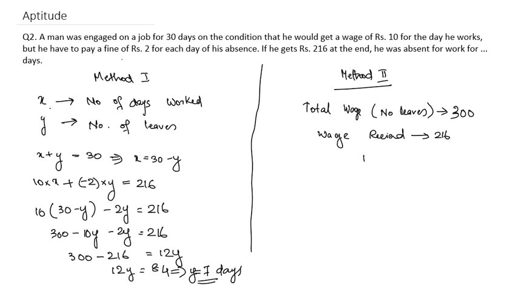So total loss is 84 rupees, 300 minus 216.